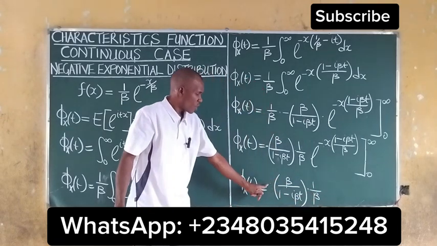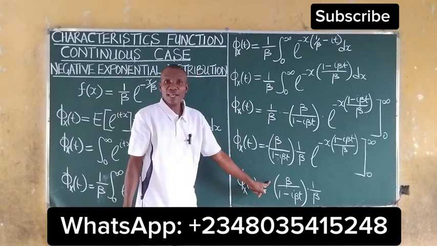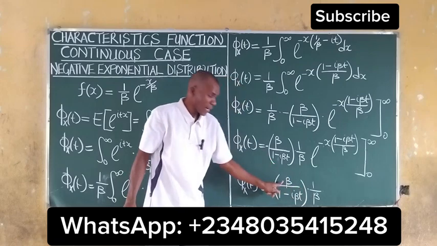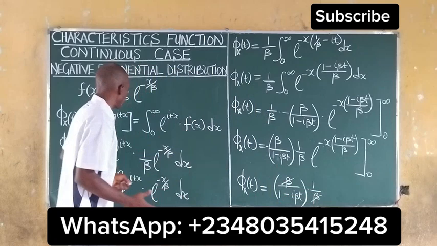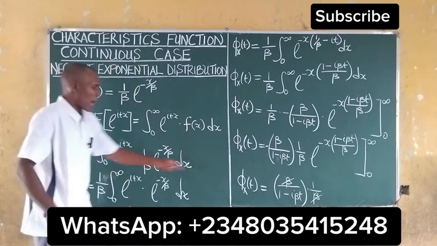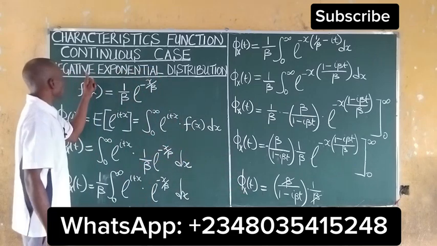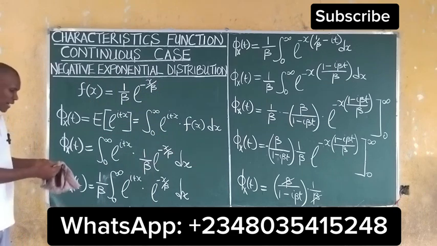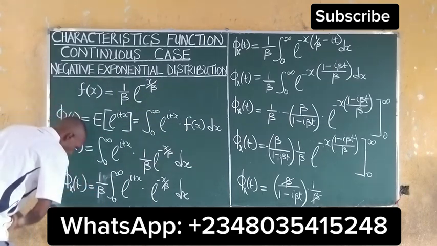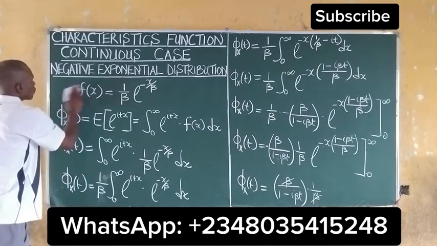Of course, if we work it out, we will notice that this beta can cancel this beta to give us this all over this. So in all, we can now write our characteristic function for the negative exponential distribution.